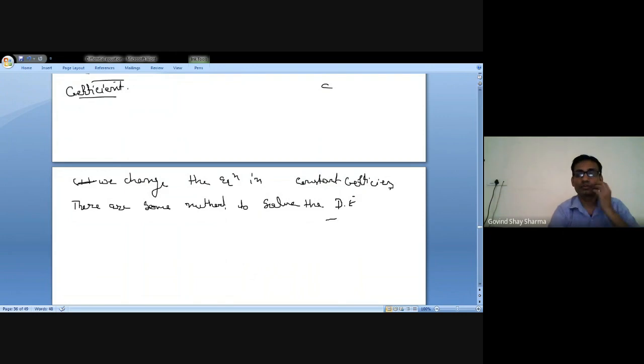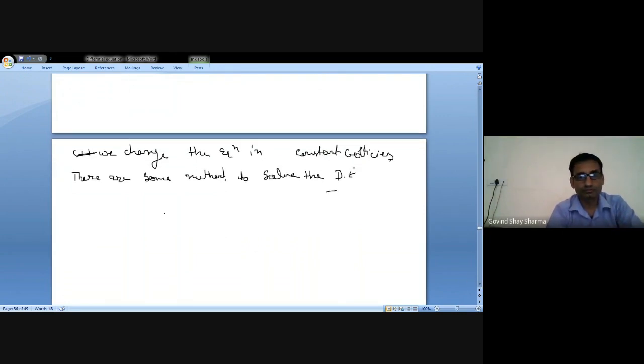So see, the first one is the homogeneous differential equation.